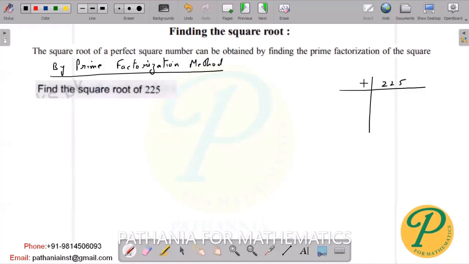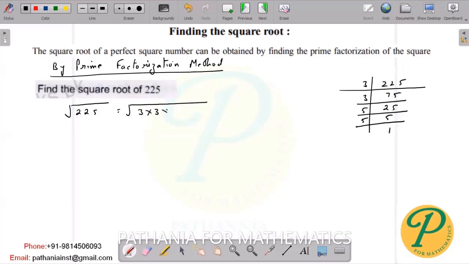Prime number 3, divide again with 3, it is 25. 5 into 5, 25, and 5 into 1. So the square root of 225 is the square root of 3 square into 5 square. 3 into 5 is equal to 15.